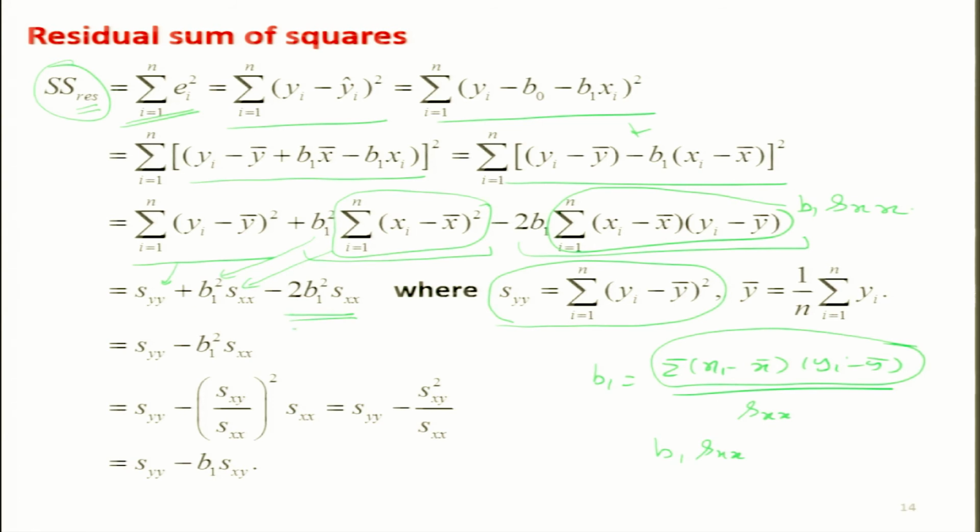If you simplify it by substituting the value of B1, this comes out to be Syy minus Sxy square upon Sxx. And if you write this quantity as Sxy upon Sxx into Sxy, this can be written as Syy minus B1 Sxy. Right. So, this is the form of SS res.